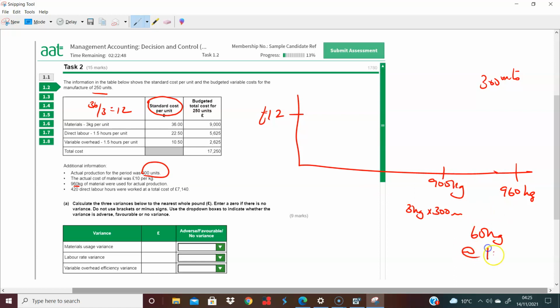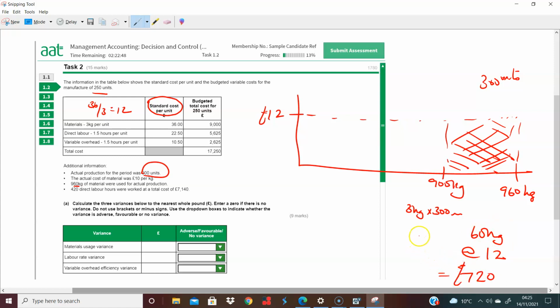And we will cost this at the standard cost, so that's your efficiency variance right there. That's 60 kilograms at £12, and 12 times 6 is 72, so that's £720 adverse. That's the way we do that first.